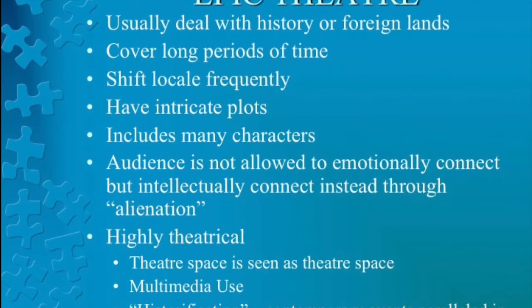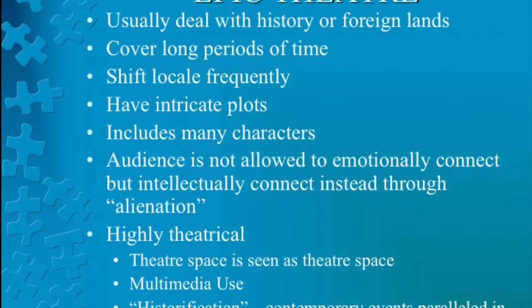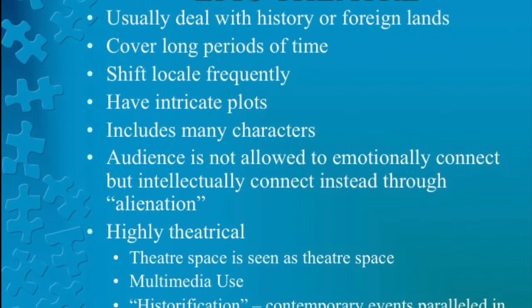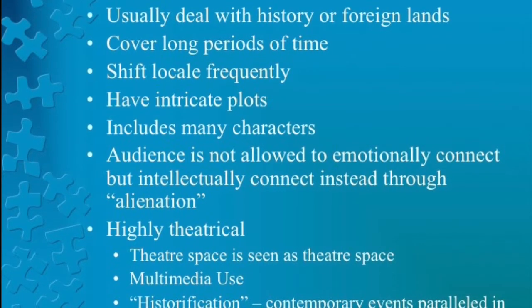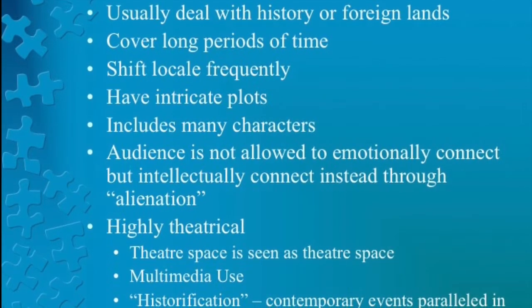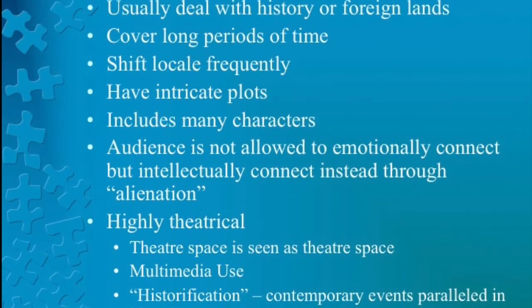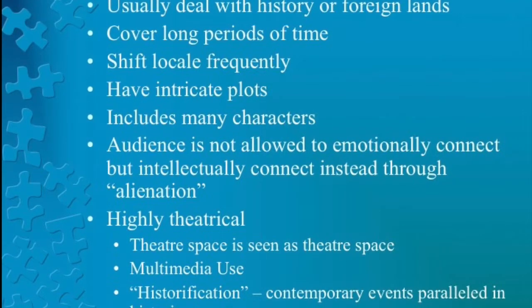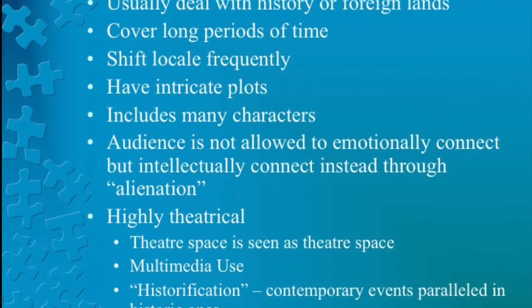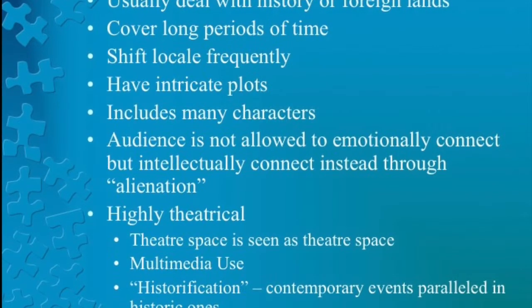They also used what Brecht referred to as historification, where he would take stories from history and use them to illustrate something else. For instance, Mother Courage and Her Children ostensibly looks at the 30 Years' War, but it talks about what's going on in Europe.